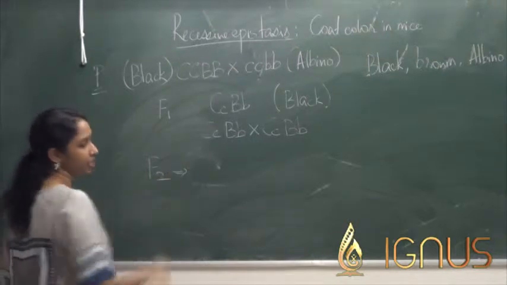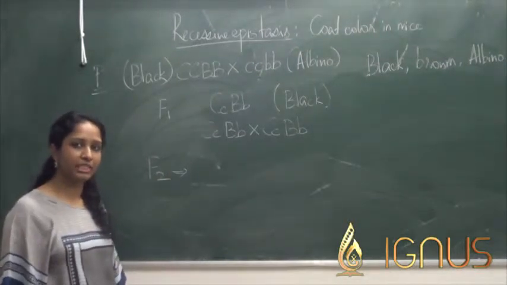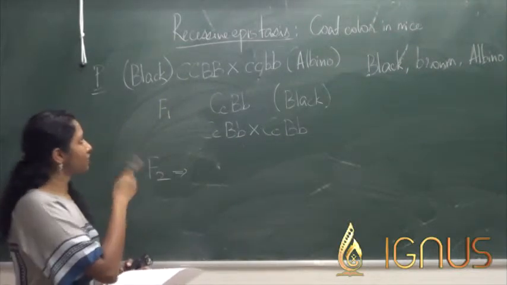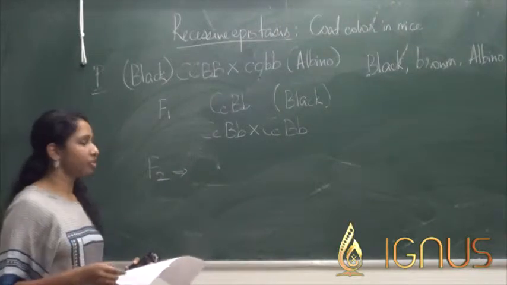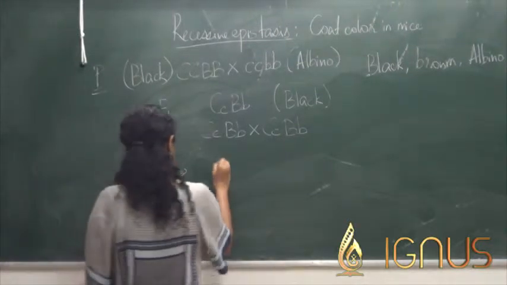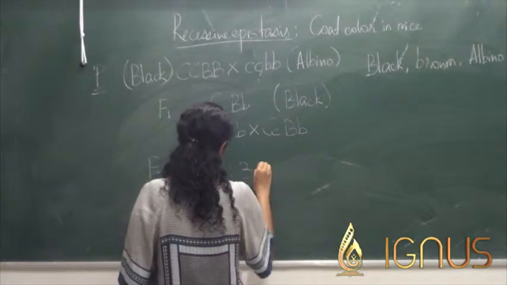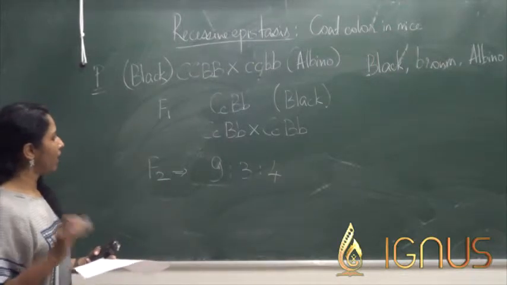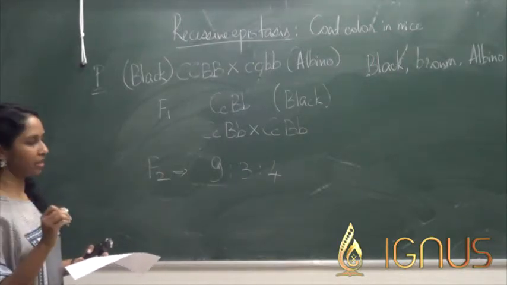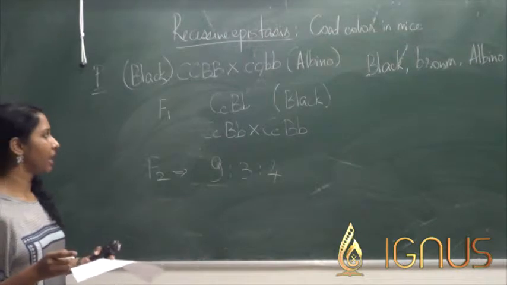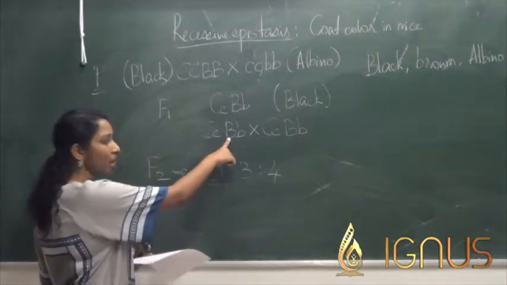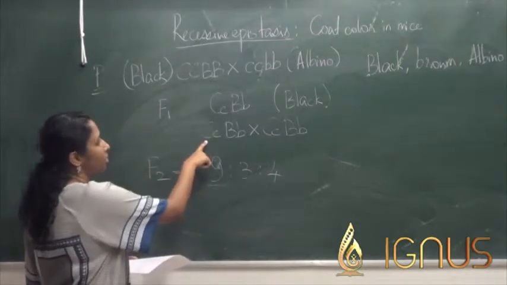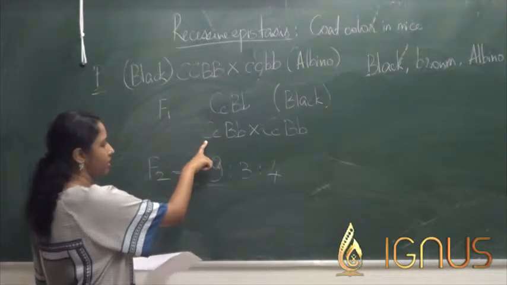Now, Mendelian genetics will give you an F2 generation ratio of 9:3:3:1. But in the case of recessive epistasis, you're going to have an F2 generation ratio of 9:3:4. So, when can you have black color? You will have black color as long as one of the B genes is in dominant condition and at least one of the C genes is in dominant condition.